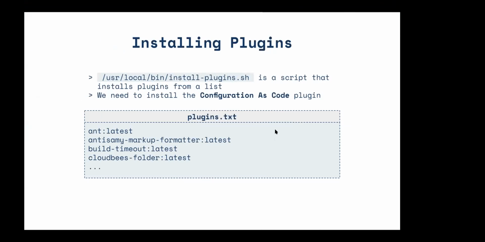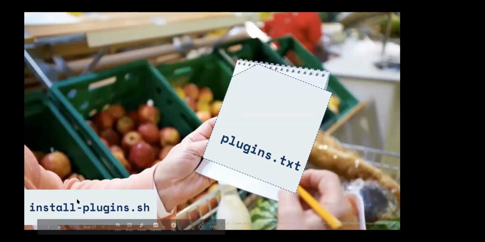So what we can do is use a script that is baked into the Jenkins image, which is install-plugins.sh. The way that works is if we provide it with a list of plugins like ant, build-timeout, cloudbees-folder, the install-plugins script is going to go through it like a shopping list and basically install them one by one.